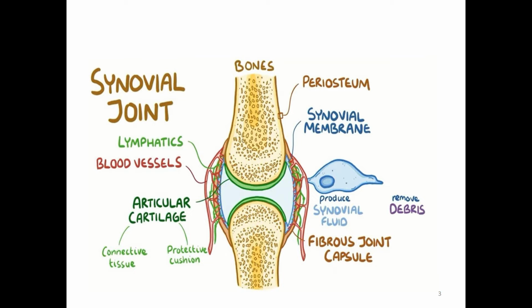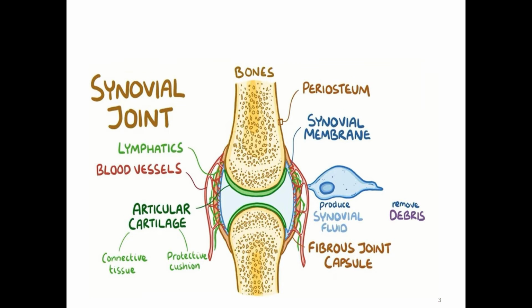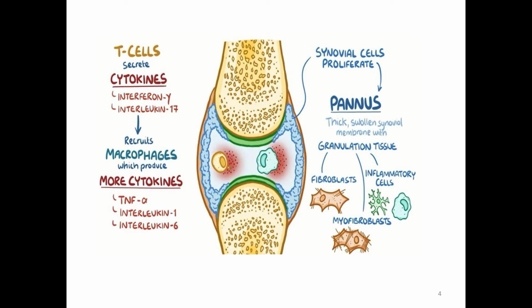So moving forward, we'll understand how arthritis gets started and what the path of bone destruction is. So when the T cells secrete cytokines, these cytokines contain interferon gamma and interleukin 17. Okay, so what happens is it recruits macrophages. Macrophages means what?